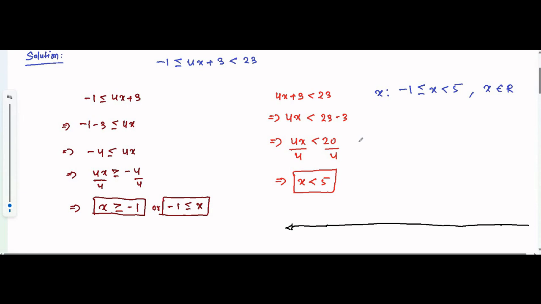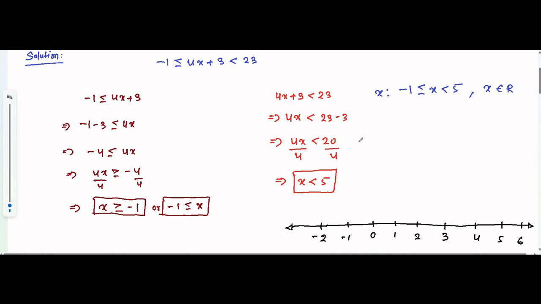Then let's say this is -2, this is -1, 0, 1, 2, 3, 4, 5 and 6.